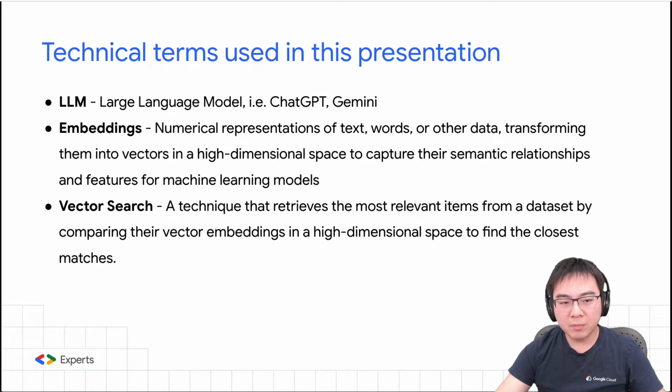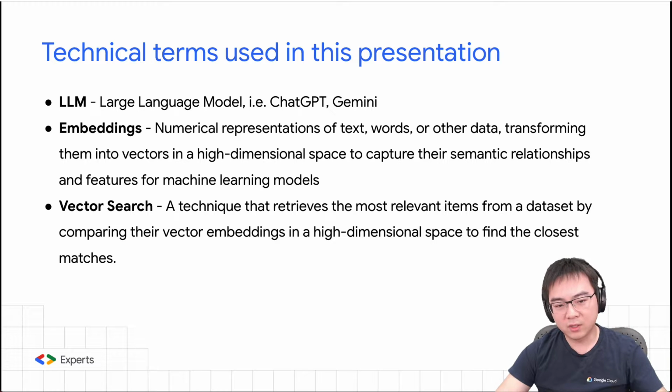Now, embeddings. Especially if you're from an engineering background, you may not have heard about this term. It is basically a numerical representation of text, words, or other data. You can transform these into vectors in a high-dimensional space to capture their semantics, relationships, and so on. This is very, very useful for machine learning models, especially in the sense of vector search.